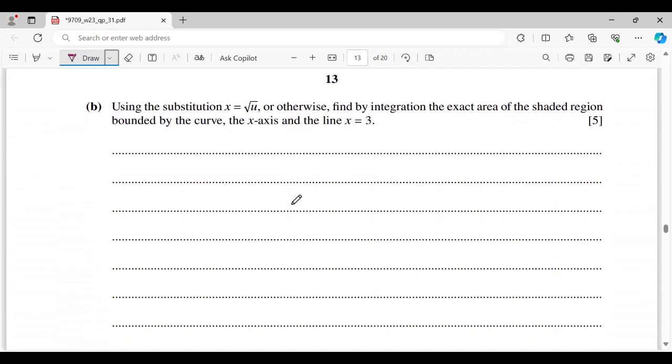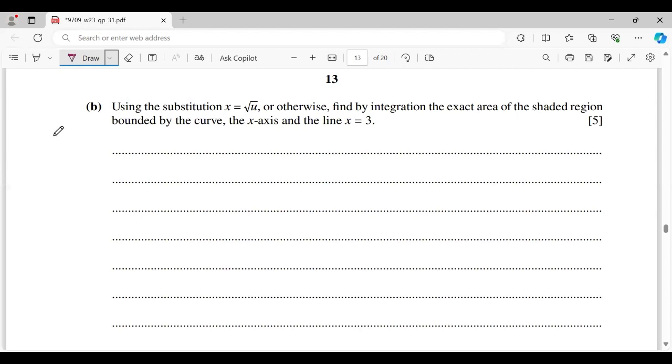B, using the substitution x equals square root u, or otherwise, find by integration the exact area of the shaded region bounded by the curve, the x-axis and the line x equals 3.